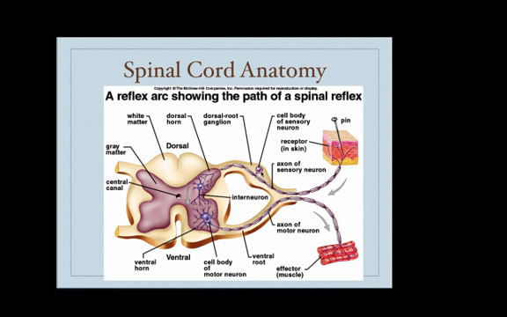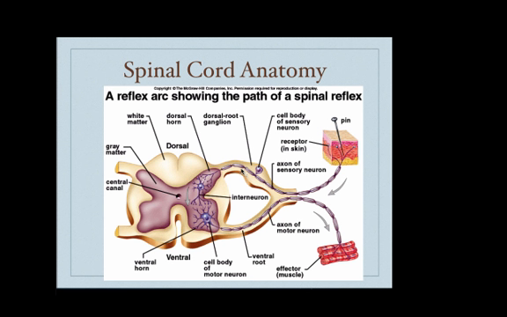The cell body of that sensory neuron is here in a region known as the dorsal root ganglion. And a ganglion is just a bundle of cells, a bundle of nerve cells in this case. So you'll have a bunch of these here. The picture only shows one, but there are going to be many cell bodies in this region.